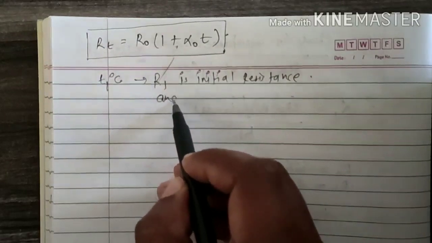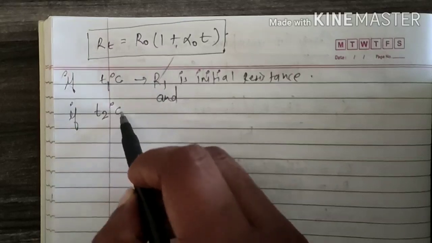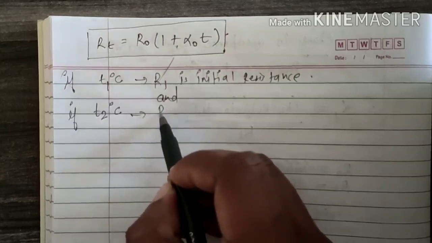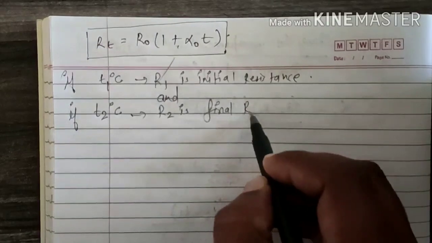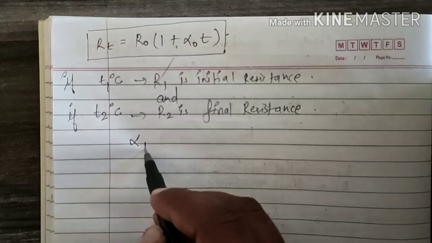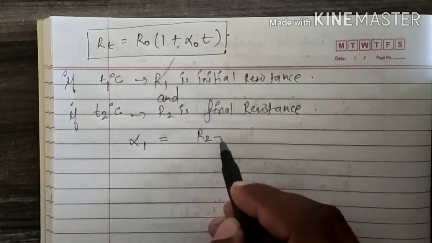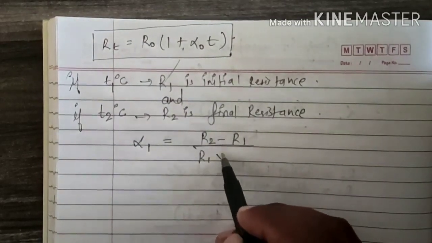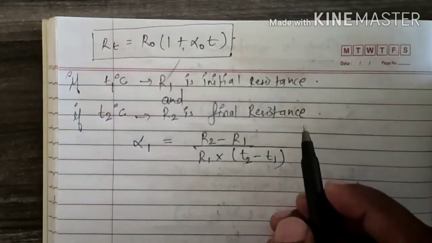And if T2 degree Celsius is my final temperature, then my R2 is the final resistance. Then what will be my alpha 1? Alpha 1 will be R2 minus R1 upon R1 into final temperature minus initial temperature.